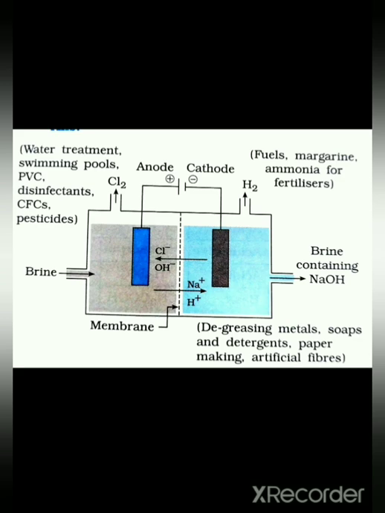Now we will see uses of hydrogen. Hydrogen can be used as rocket fuel. We can use liquid hydrogen and liquid oxygen as the fuel. Also it is used in the hydrogenation of vegetable oil. We can carry out hydrogenation of vegetable oil to form margarine.